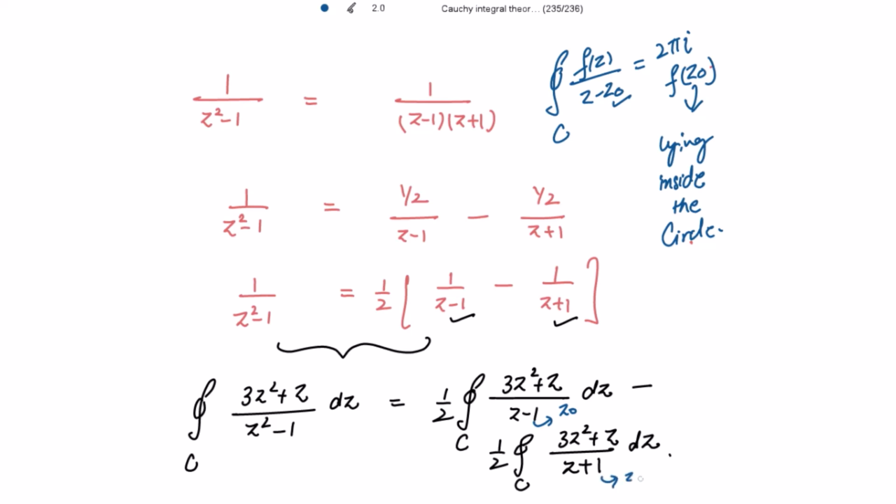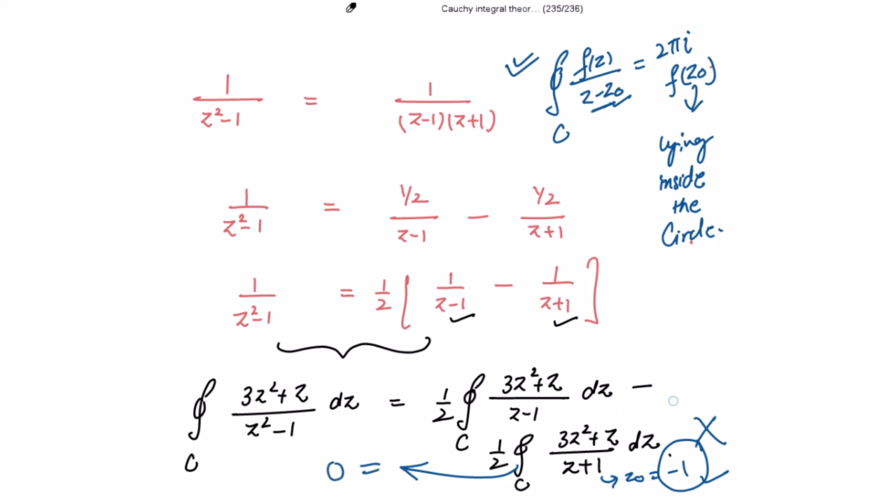And here the z₀ point is -1. So z₀ = -1 is not lying inside the circle, and z₀ = 1 is lying inside the circle. So this formula is for the points which are lying inside the circle. Otherwise, for the points lying outside the circle, by Cauchy's integral formula, this integral is equal to 0.